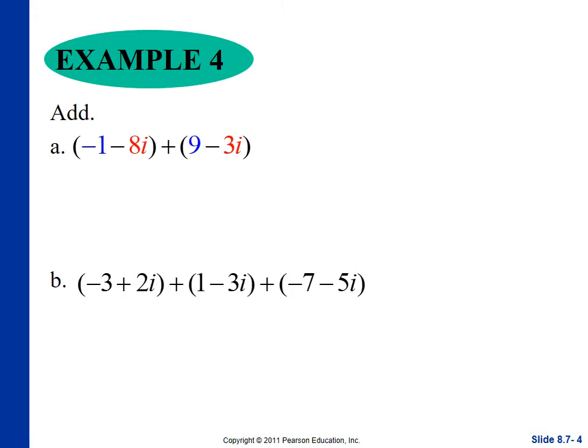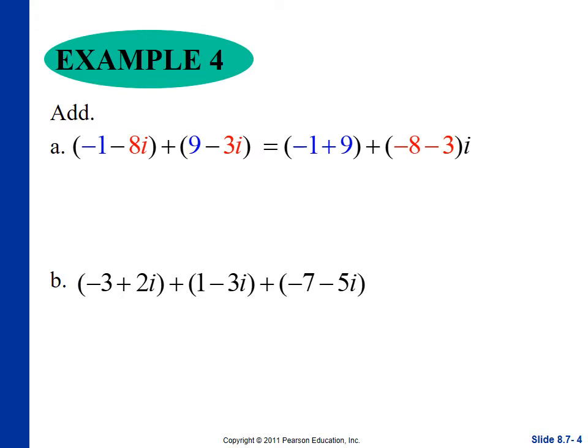-1 minus 8i plus the quantity 9 minus 3i. We're going to treat each of these like i was a variable. This is no different; we treat i just like any other variable.